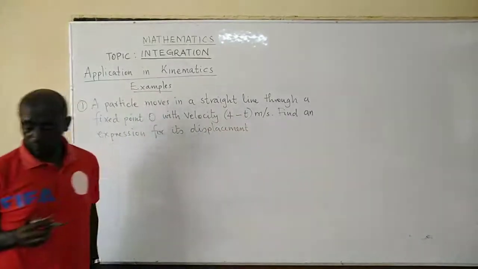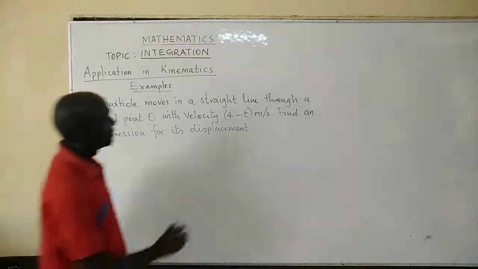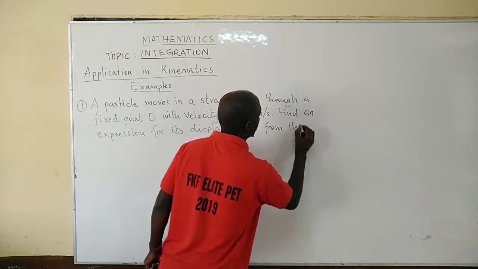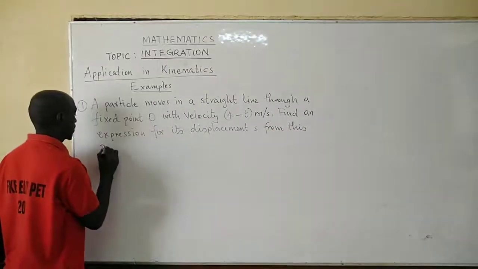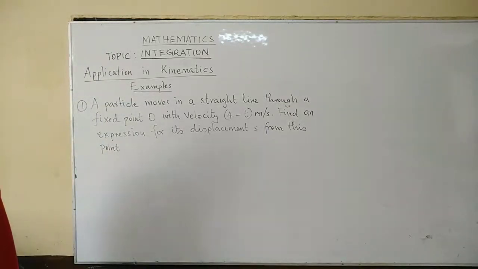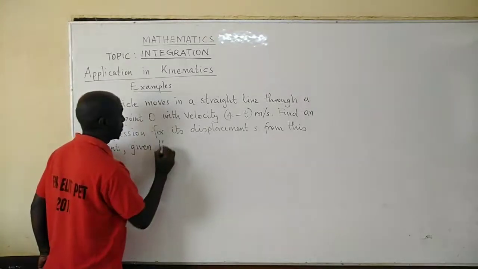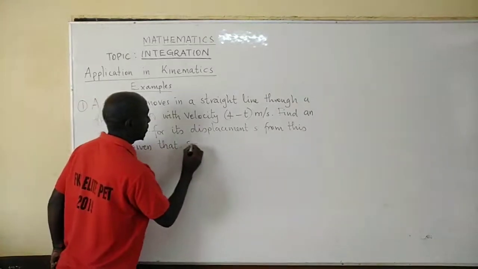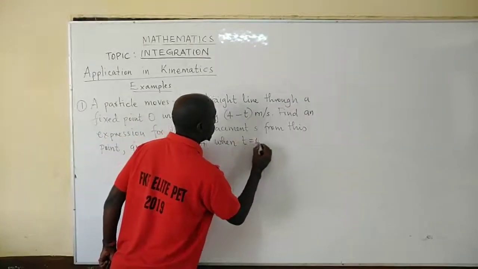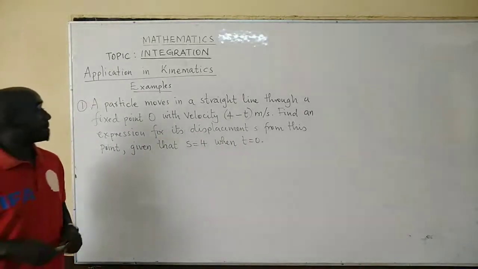Find an expression for its displacement s from this point, given that s is equal to 4 when t is equal to 0.